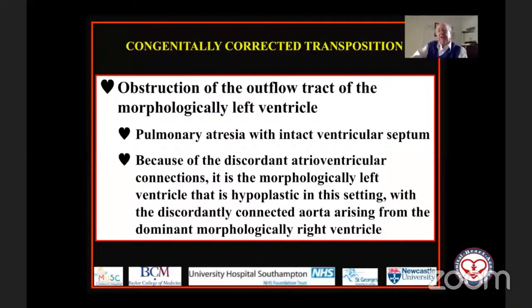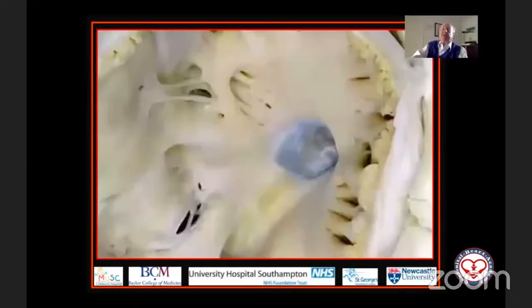So because of the discordant atrioventricular connections, when we have this combination, it is the left ventricle that is going to be hypoplastic, and the systemic supply will be from the morphologically right ventricle and the aorta. We have a nice example to show you of pulmonary atresia with intact ventricular septum, and it comes from the Idris archive in Chicago, in the Lurie Children's Hospital.